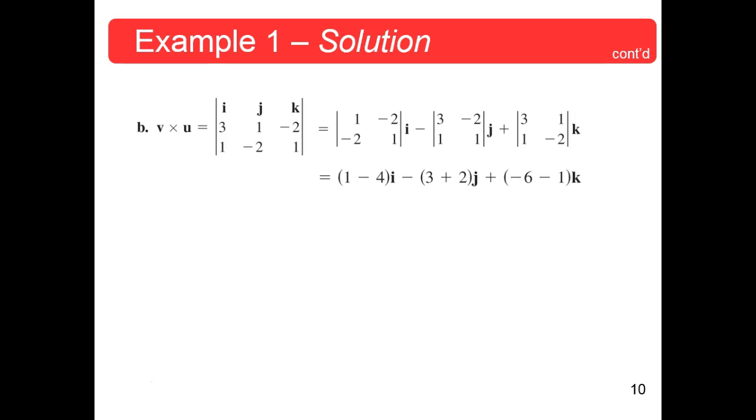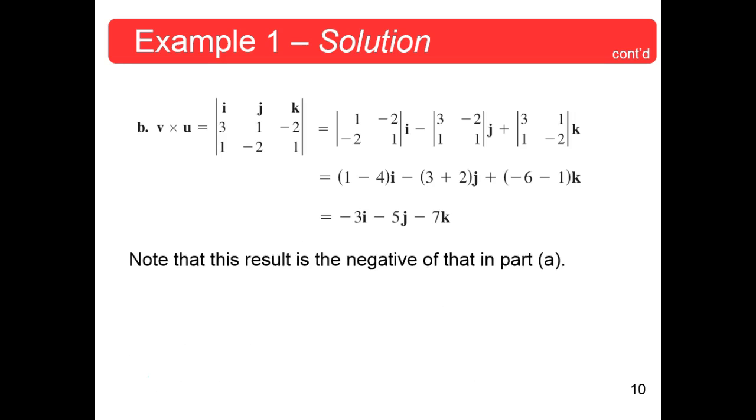Once you've got the determinant, you do the calculations. 1 minus a positive 4 is minus 4 i, minus 3 minus 2 minus a minus 2 j, plus minus 6 minus 1 k, and sure enough that gives you minus 3i minus 5j minus 7k, which is exactly the negative of U cross V.